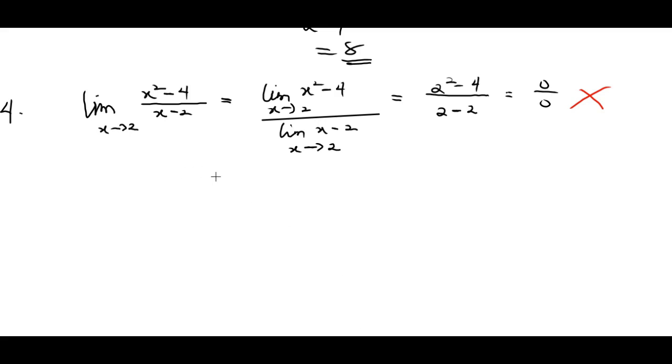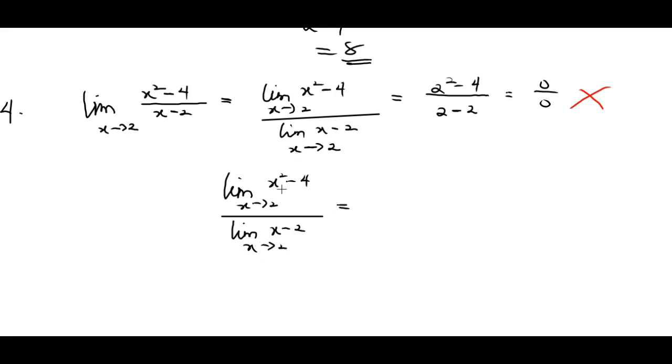It's going to be the limit of the numerator, x squared minus 4 as x tends to 2, divided by the limit of the denominator, x minus 2 as x tends to 2.